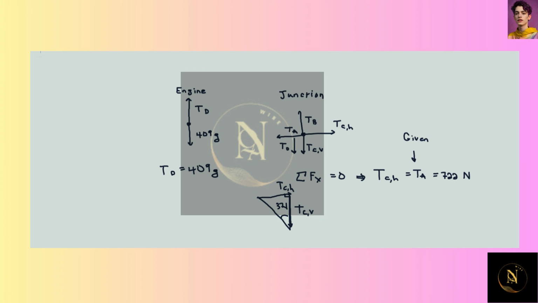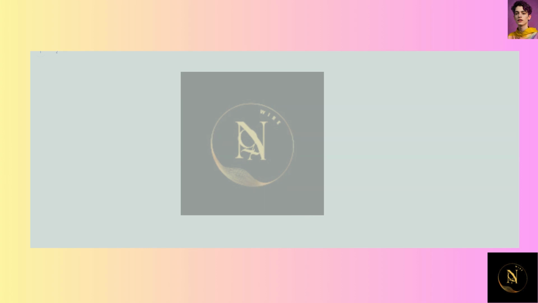We just calculated what this is, it's 722. And so tangent of 37.1 is equal to 722 over the tension in rope C in the vertical direction. We can solve this for the tension in rope C in the vertical direction.